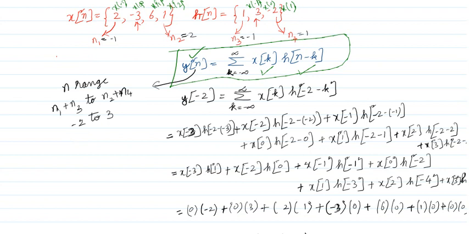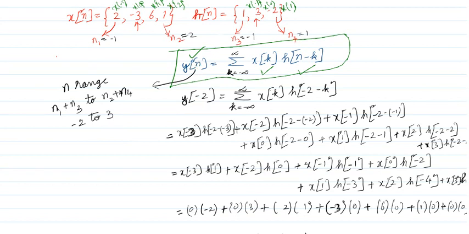For the positive range, we take the maximum positive range of the input and impulse response, n2 plus n4. So 2 plus 1, it is 3. So n ranges from minus 2 to 3.